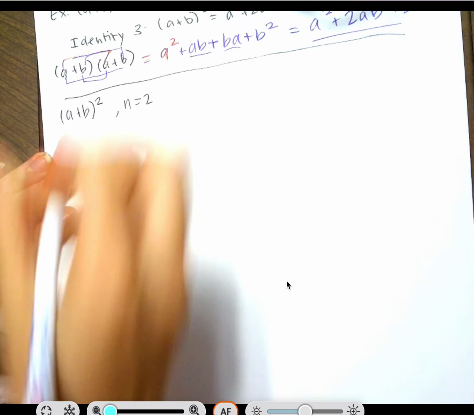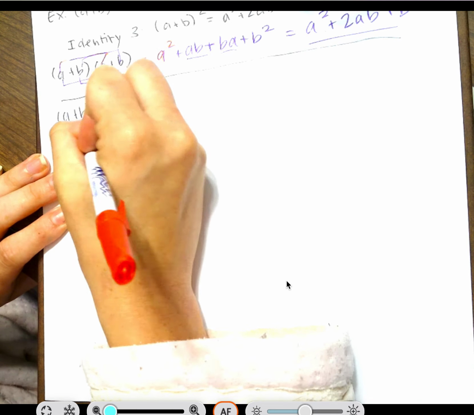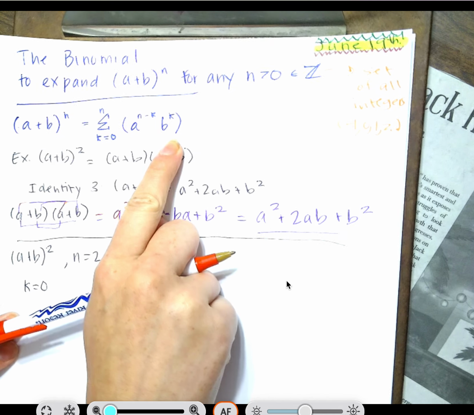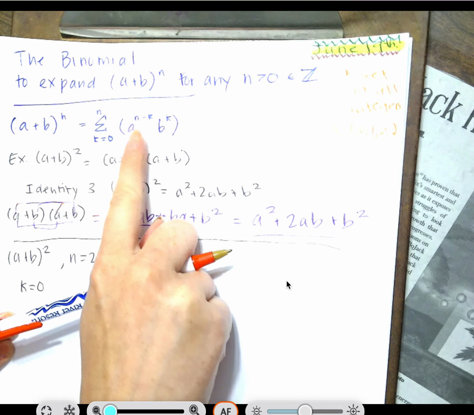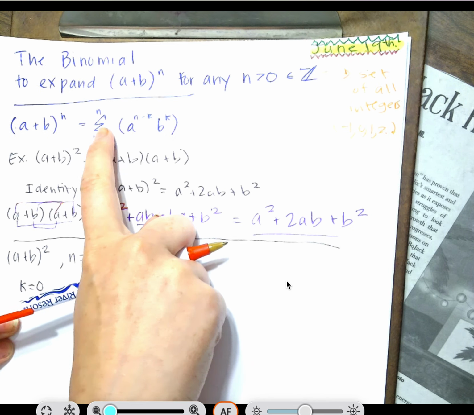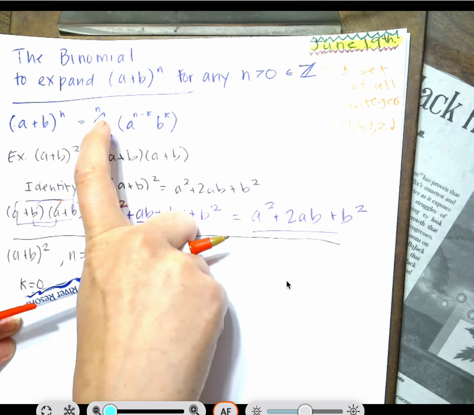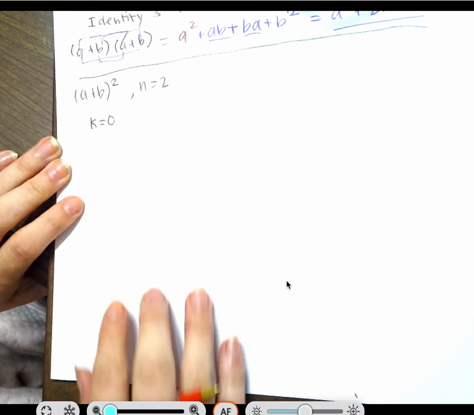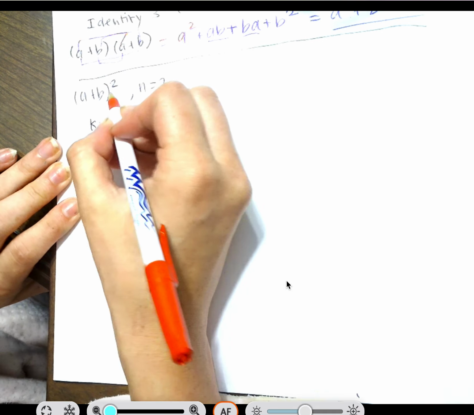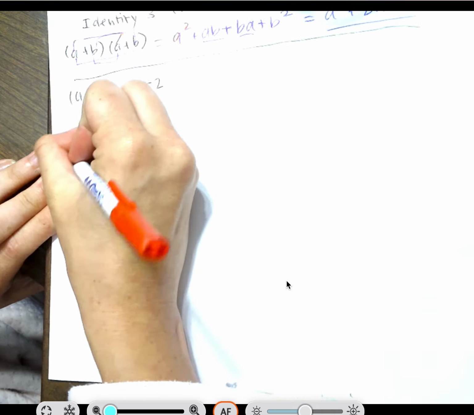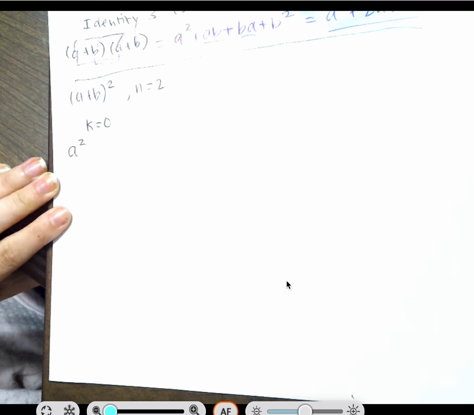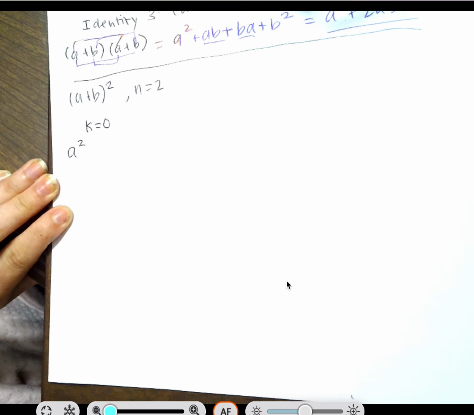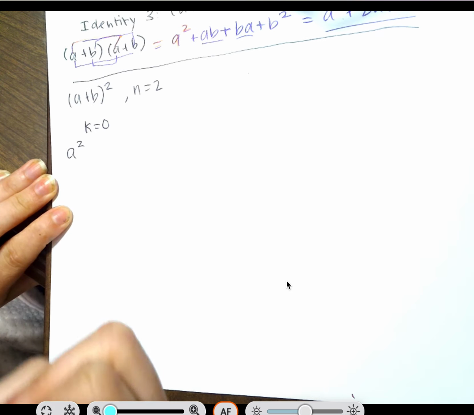So let's start out when k equals 0, because remember, what we're doing here is this, for k equals 0, then k equals 1, then k equals 2, etc., until you get to k equals n. So when k equals 0, a to the n minus k, with n equals 2, is a squared, times b to the k, b raised to the 0 power, which is just 1.